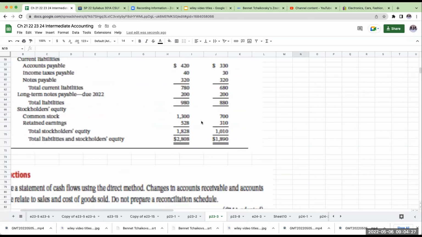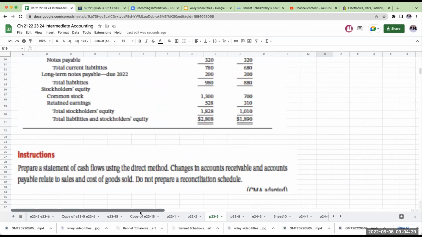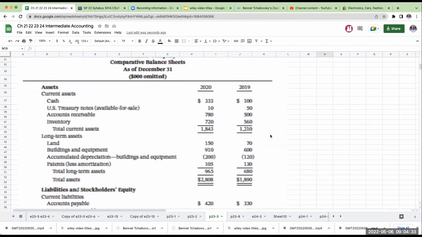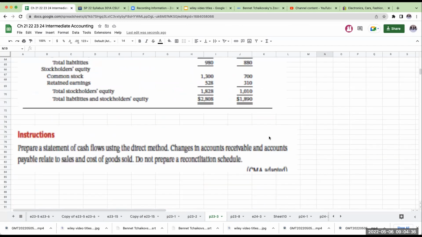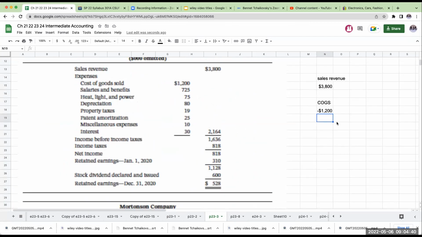I'm going to assume changes in accounts receivable and accounts payable relate to cost of goods sold. Changes in accounts receivable. Okay. I'm also assuming the inventory is going to be relating to cost of goods sold. So salaries and benefits, I don't really need to convert anything like that. But we also have down over here, we have income tax expense.